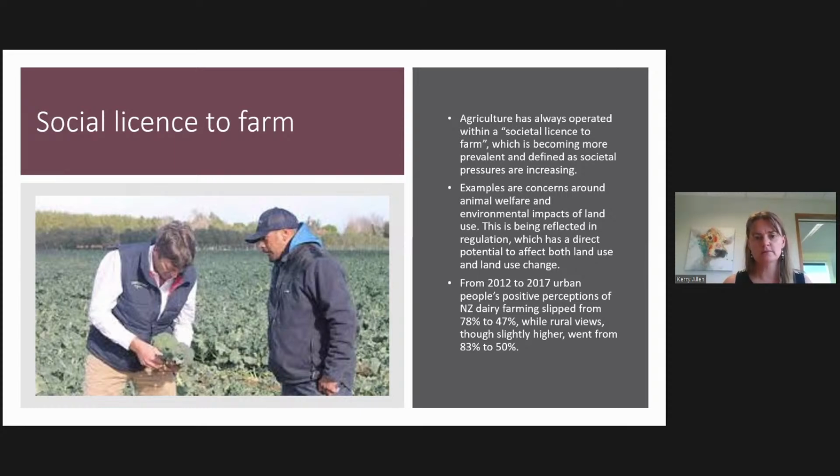Some things are more acceptable to urban people, or to people in general, than other ways to use the land. So poultry and pig farming is less encouraged in comparison to other properties. Same with dairy farming, which has been seen to be less appropriate than some other methods of farming.